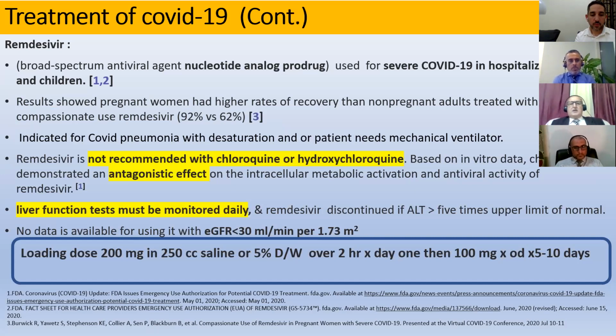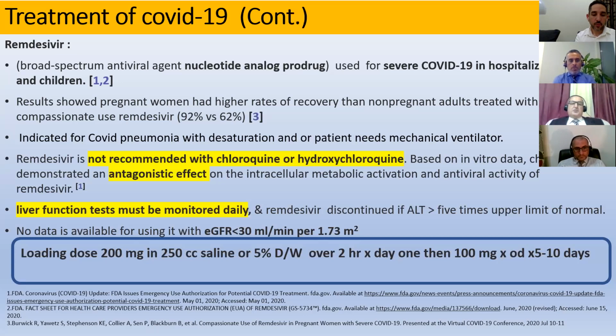It showed 92% good outcome clearance compared with 62% in non-pregnant. They also found that it reduced the mortality rate in those with severe COVID pneumonia with desaturation and on a mechanical ventilator. This drug should not be used with chloroquine and hydroxychloroquine because of antagonistic effect.